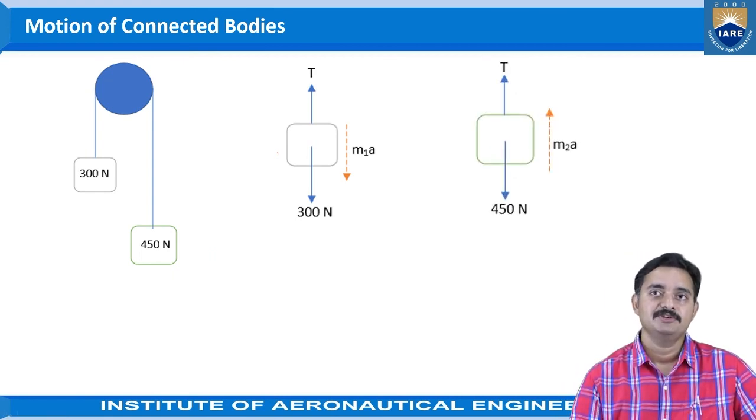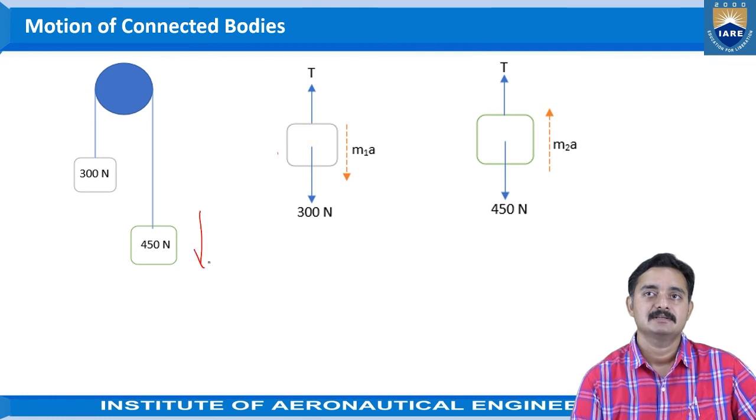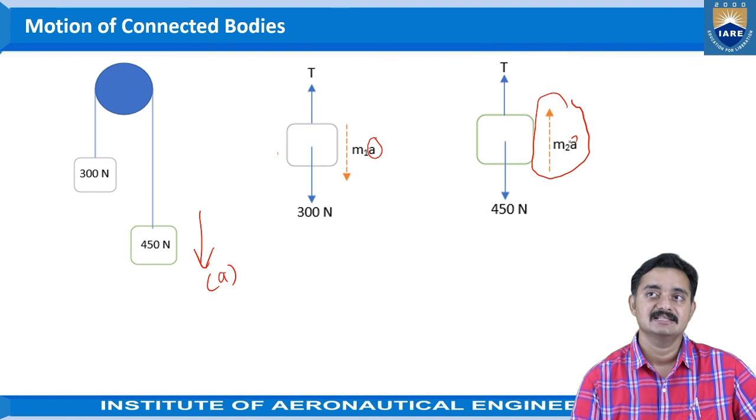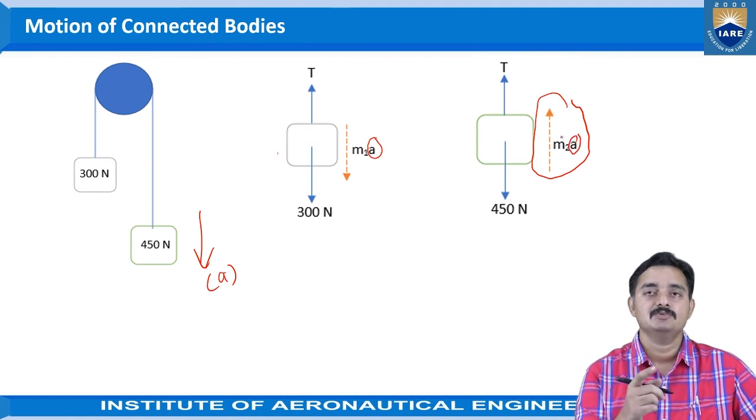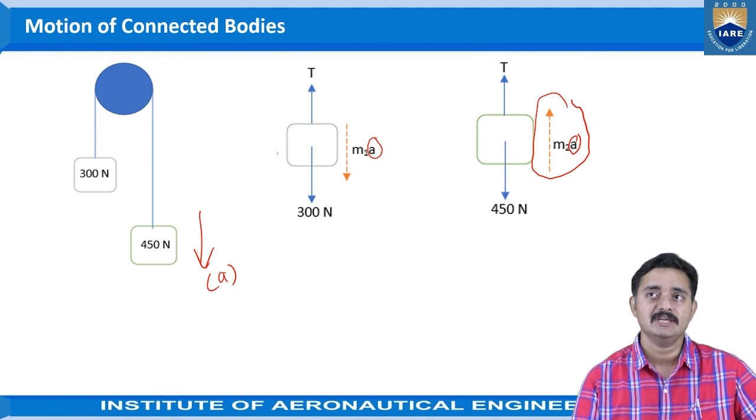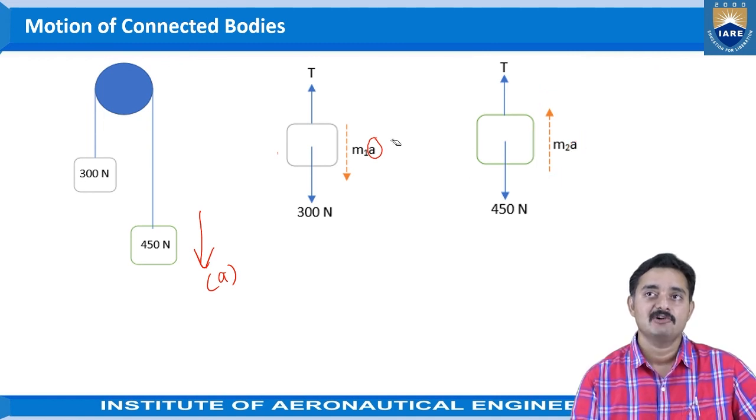Then for 450 Newton, again, what happens? It is accelerating in the downward direction, so the inertia force will be in the upward direction. If you observe carefully, the acceleration we are considering is the same, because these two objects are connected using a single string, and the direct involvement of the movement is present here.